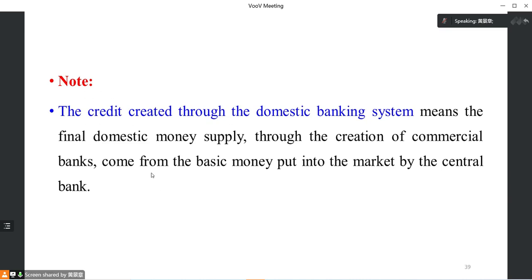This note tells us the meaning of credit creation. Credit creation means the basic money put into the market by the central bank can be enlarged by the commercial banking system.